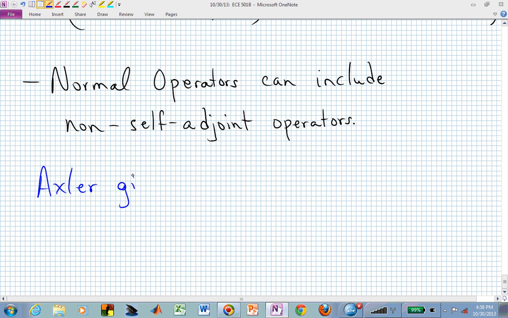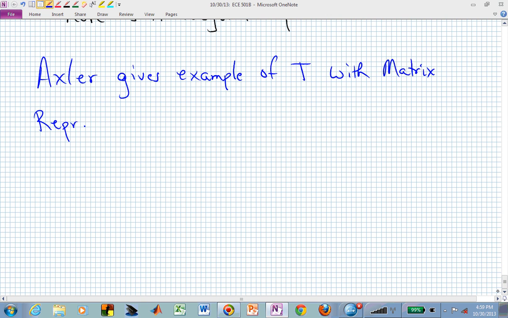Axler gives an example of T with the following matrix representation. Suppose that now we have the following linear map. Matrix representation is 2, minus 3, ooh boy, 3, 2.